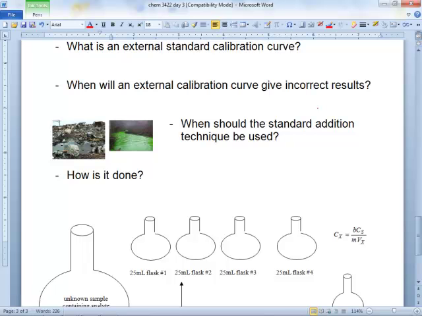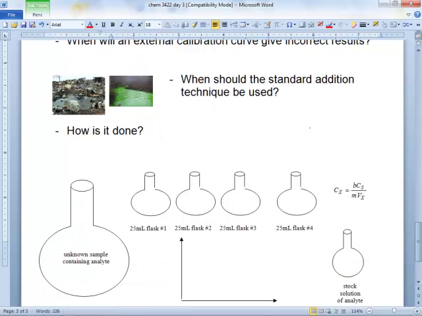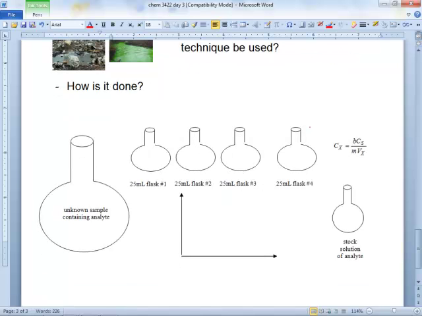So how do you do this standard addition technique? There it is. You have an unknown sample having your analyte, so that could be like the jar of Elmendorf. Then we've got a bunch of these volumetric flasks, and then we have our stock solution of our analyte. So maybe it's the blue, for example.